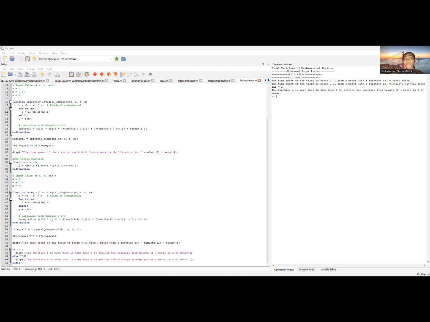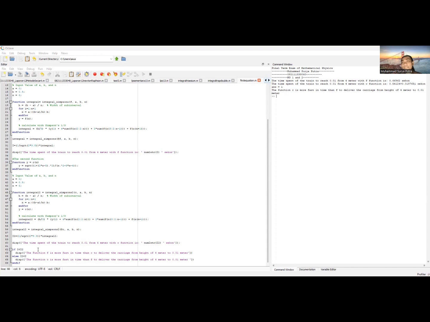And this time, I find f, the function f of 4 exponential of minus 6x, which is slightly slower than the C function in terms of the time span to reach 0.01 meters from the height of 4 meters.